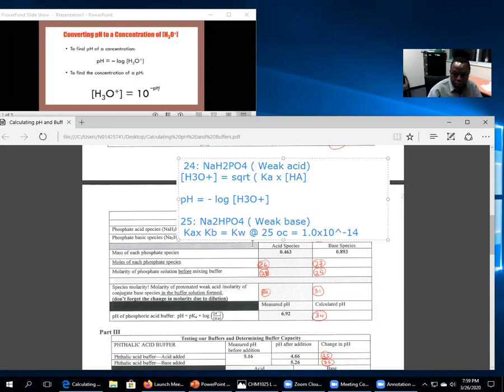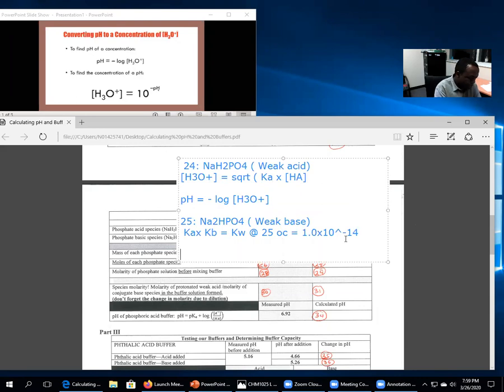So since this is a weak base, I want to find the Kb. Therefore, Kb equals Kw divided by Ka. You should have the Ka from number 24.